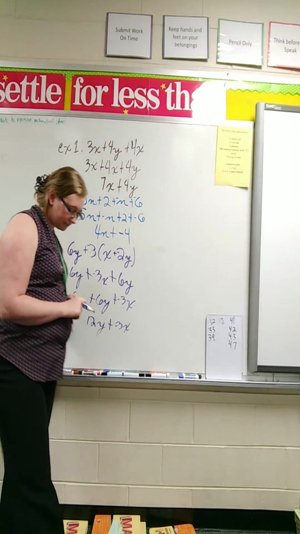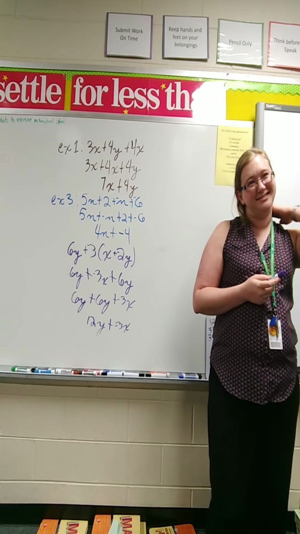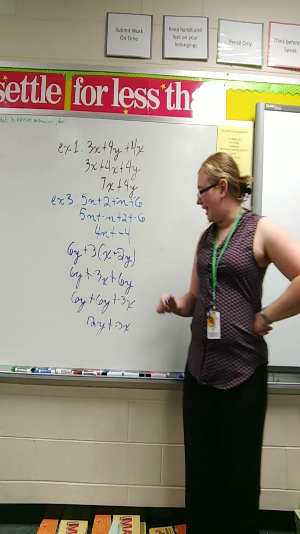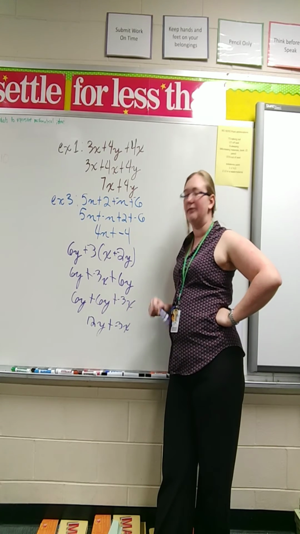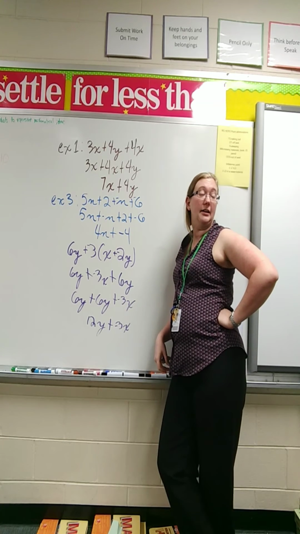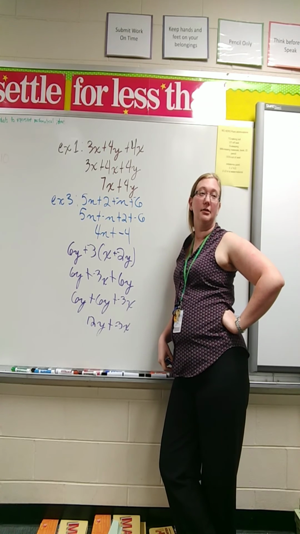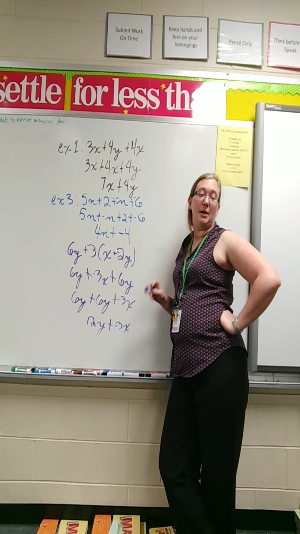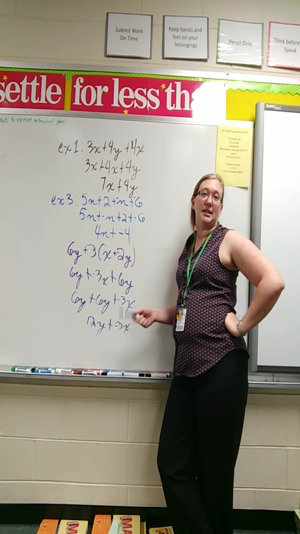Yes. Because believe it or not, they don't let me write your state test. And as the final answer to a problem like this, you could be given plus negative 3x or minus 3x. I don't know which way they're going to write it. I'm not allowed to know which way they're going to write it. But that's a topic for another day. You, however, need to be able to recognize that those are the same thing.